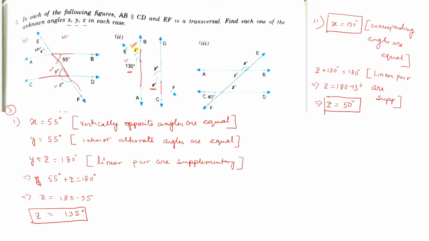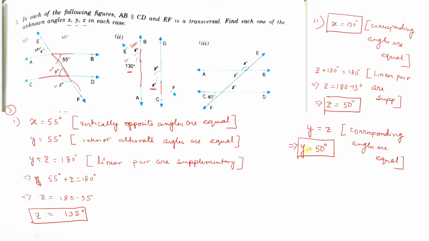So y and z will be corresponding to each other. So y equals z, the reason will be corresponding angles are equal. So the value of y will be equal to 50 degrees.